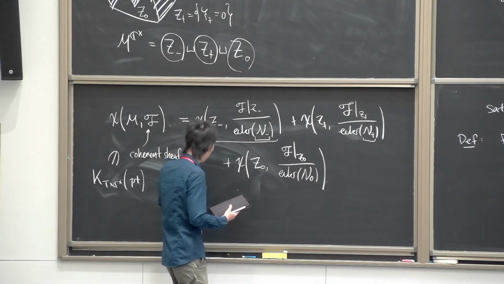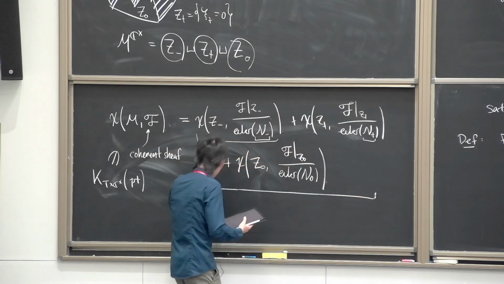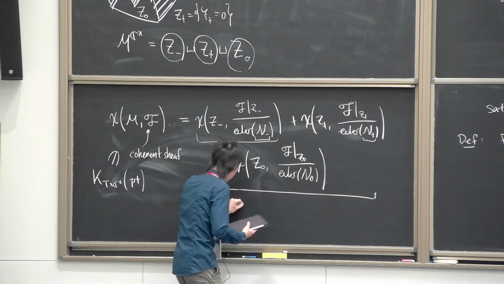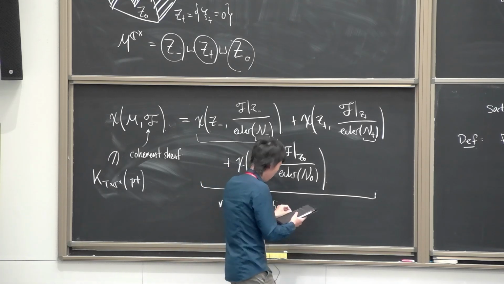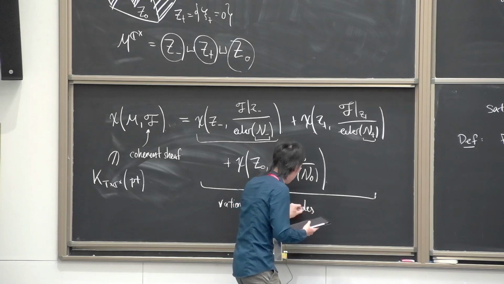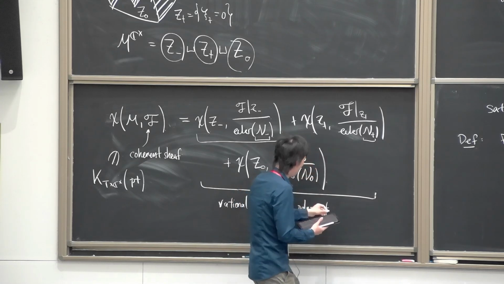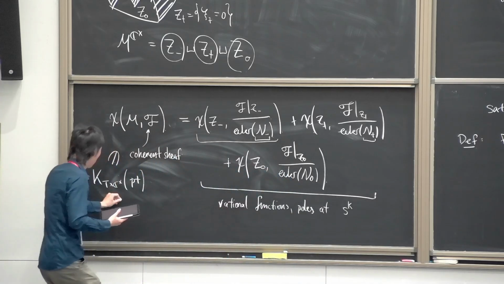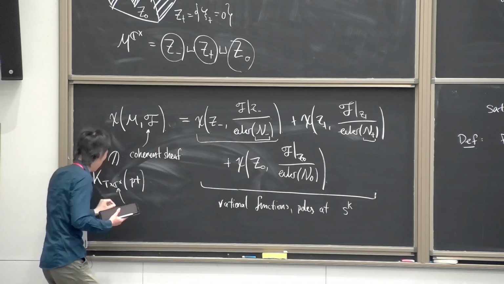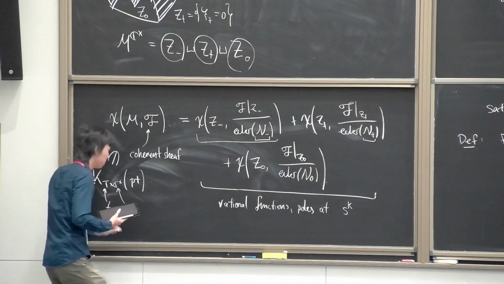Okay, so here you're going to get rational functions with poles at things like s to the k. So maybe I can say the coordinate on C star we'll call s, the coordinates on T we'll call t.